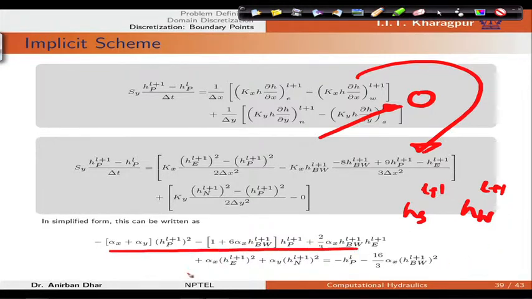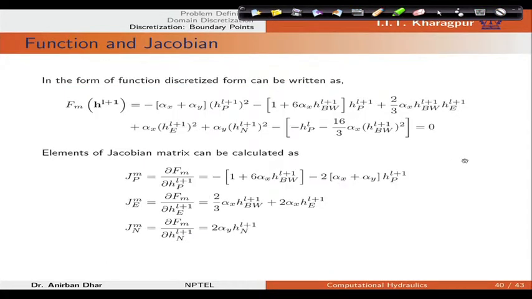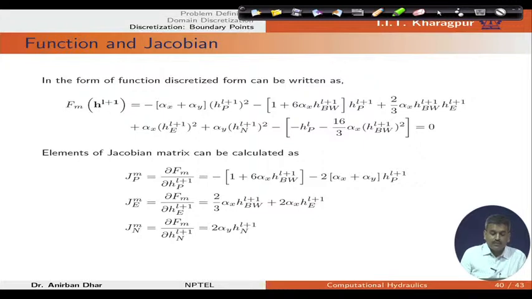So, directly we can get this discretized form, and this is the function in discretized form that can be written.